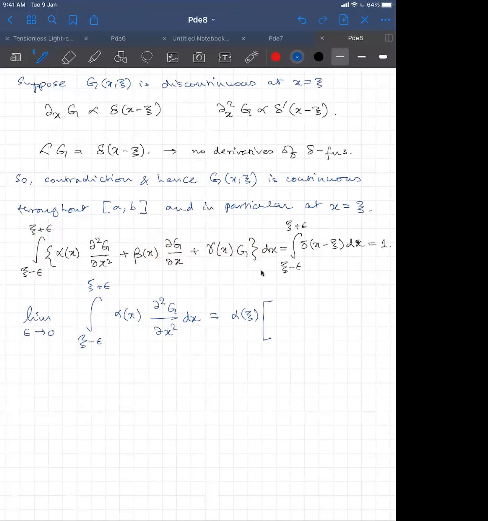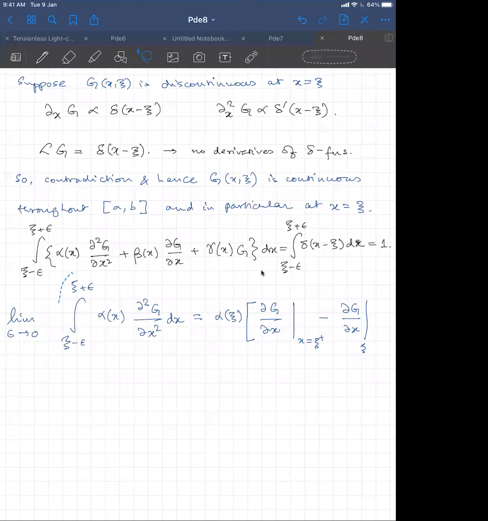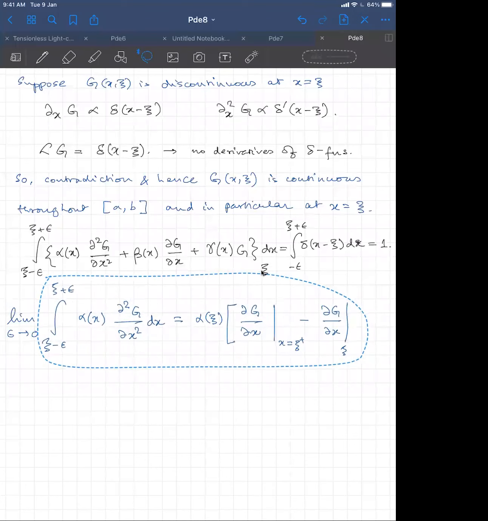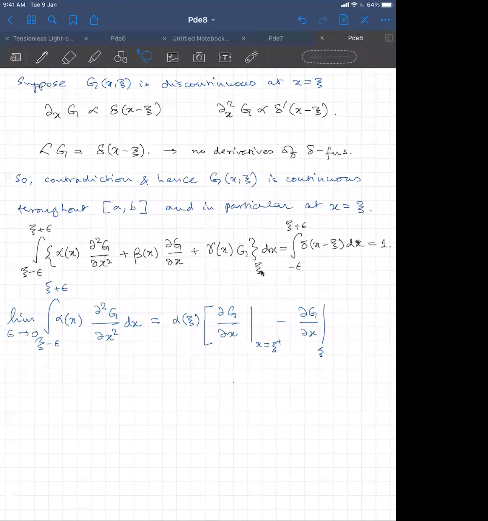But now there can be a finite jump here: del g/del x at x equal to psi plus minus del g/del x at x equal to psi minus.